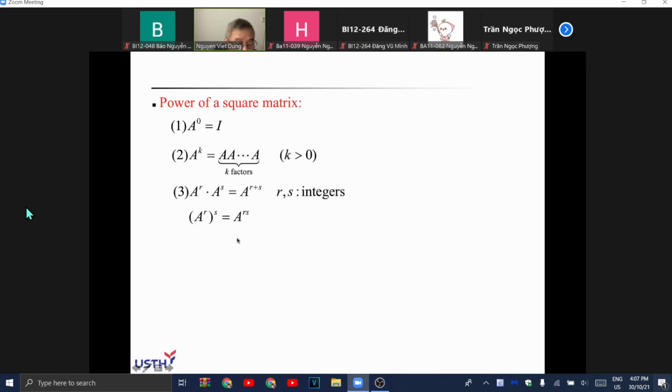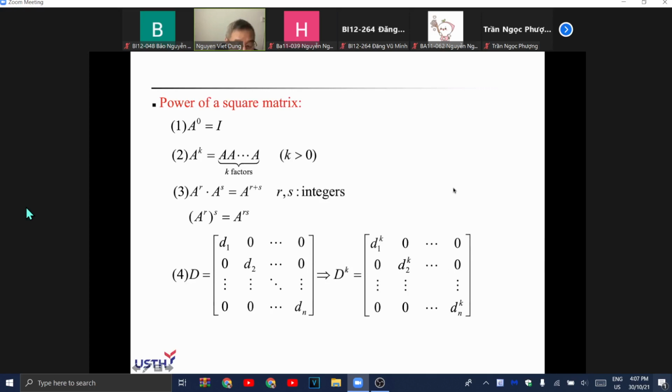And more than that, if we take A to the power r and then take it to the power s, it is A to the power rs, r times s. All of those things are quite similar to the power of a number we know from high school.